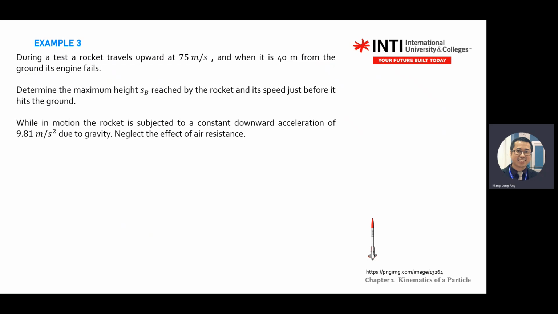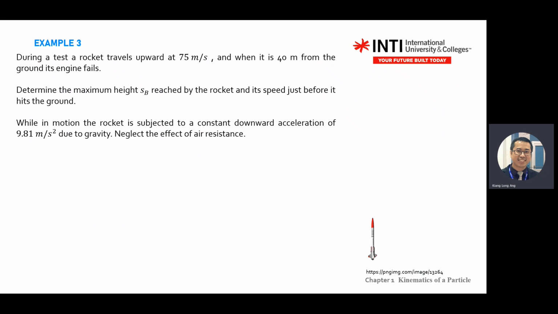Determine the maximum height reached by the rocket. What is the speed when something reaches the maximum height? What is the velocity? 0. Make sense? So at the maximum position, your velocity is 0. So all these are untold information you can use to analyze your problem.